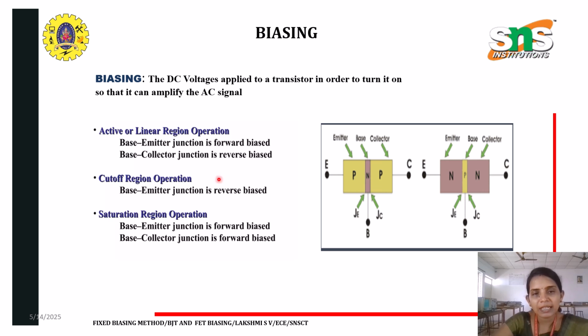So in these two regions, cutoff and saturation, the transistor acts as an off switch and an on switch, so open circuit and closed circuit. This is all about the three regions of operation of a transistor.